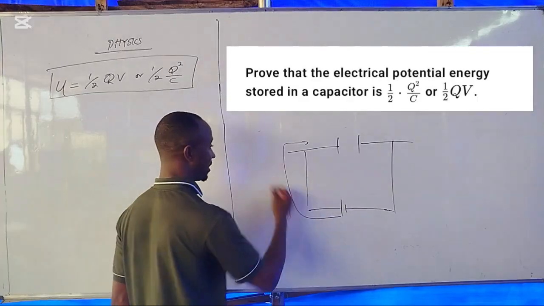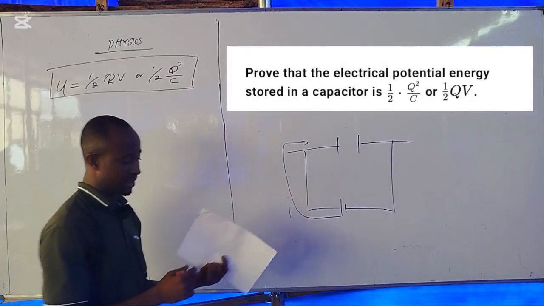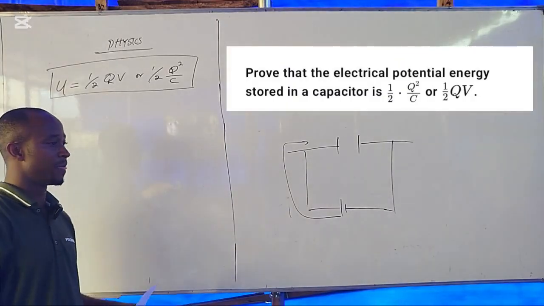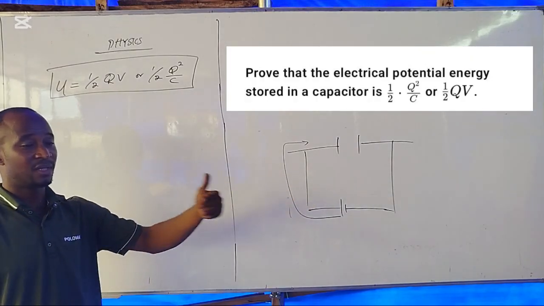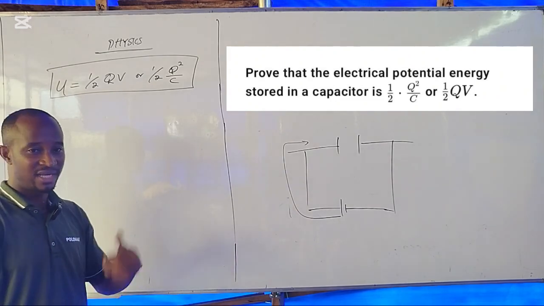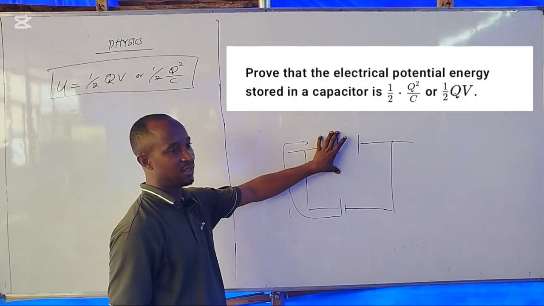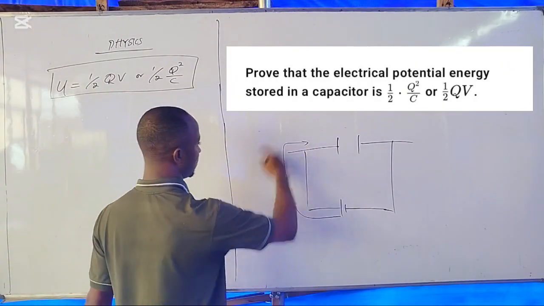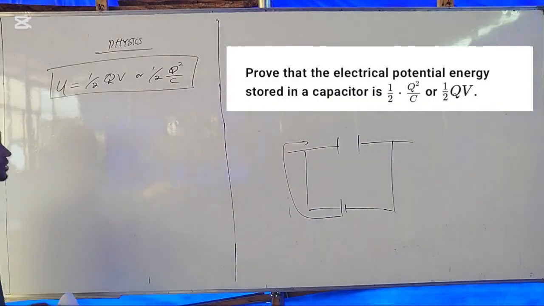The energy supplied equals the work done. It's like saying, for example, if I move from here to that point, the work done by me moving is equal to the energy. What's the energy? The kinetic energy. But here we are talking about potential energy. So the energy supplied is equal to the work done on the capacitor by those charges.